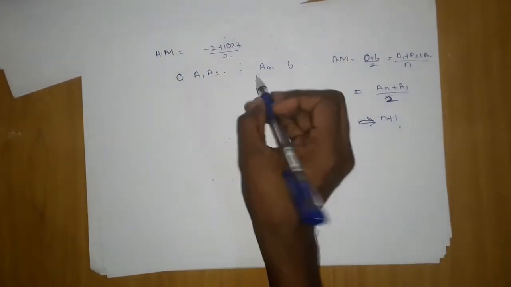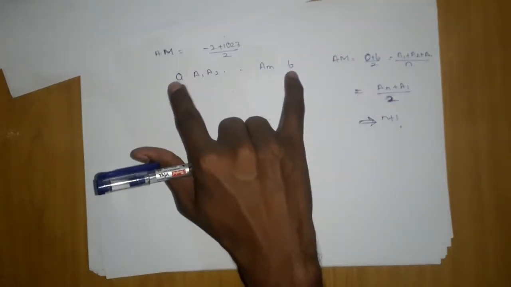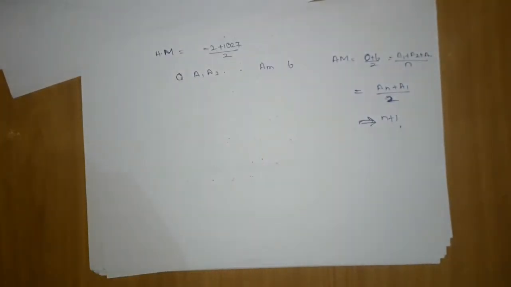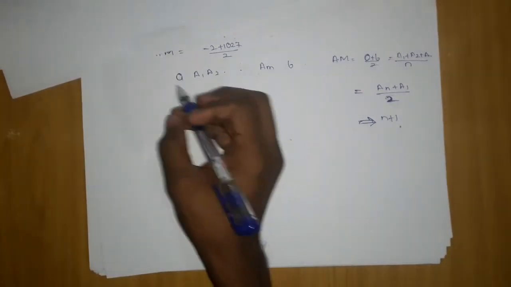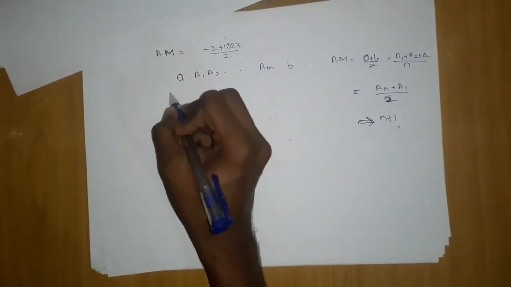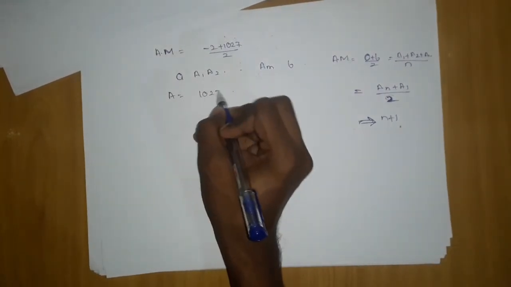Further on, between the two terms A and B, the means A1, A2 up to Am are present. So our basic idea is that we should solve this. Since I have already got AM, it is nothing but 1025 upon 2.